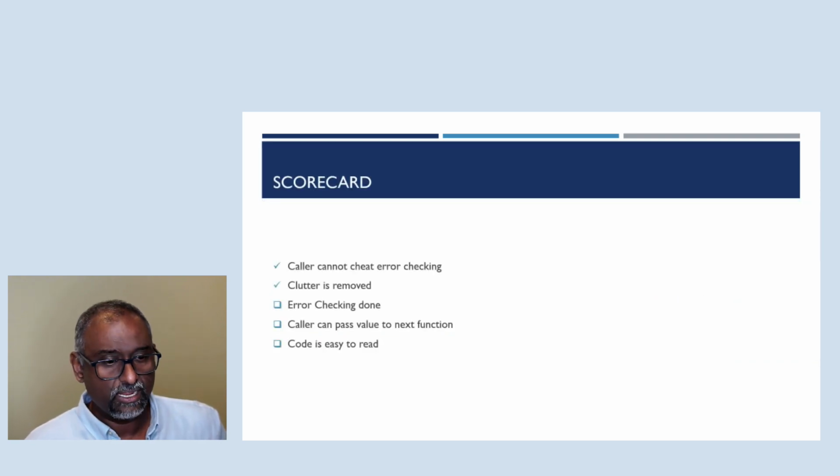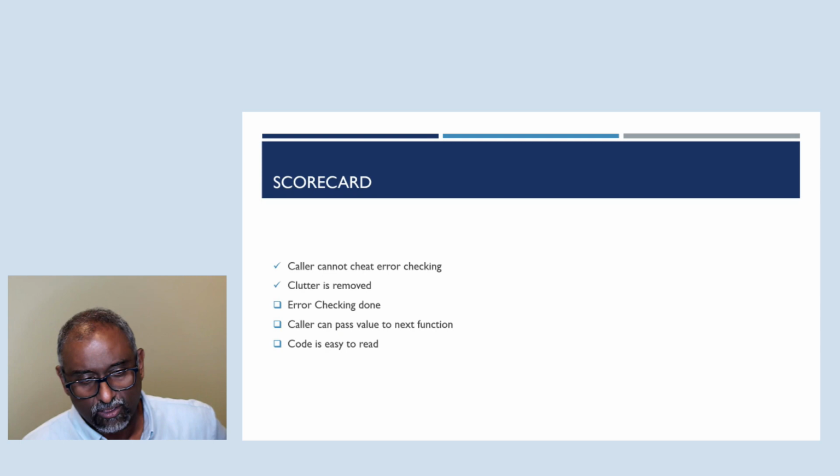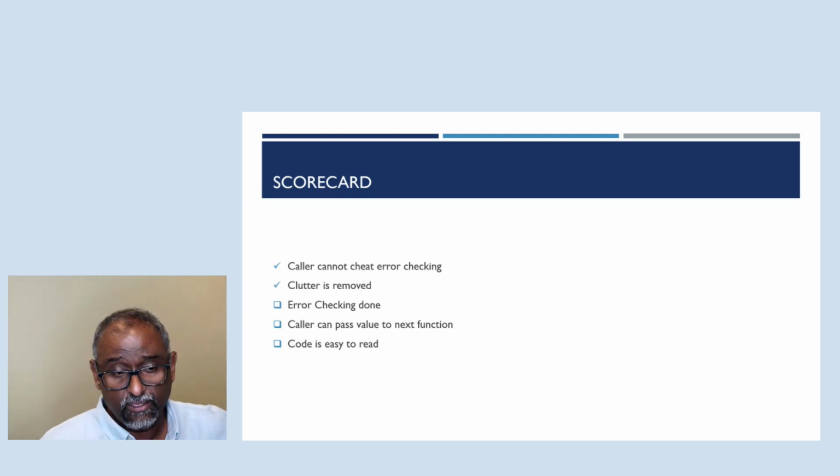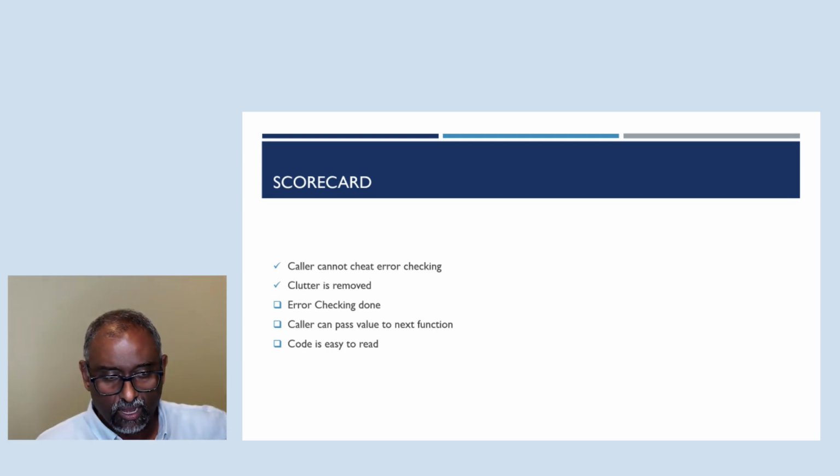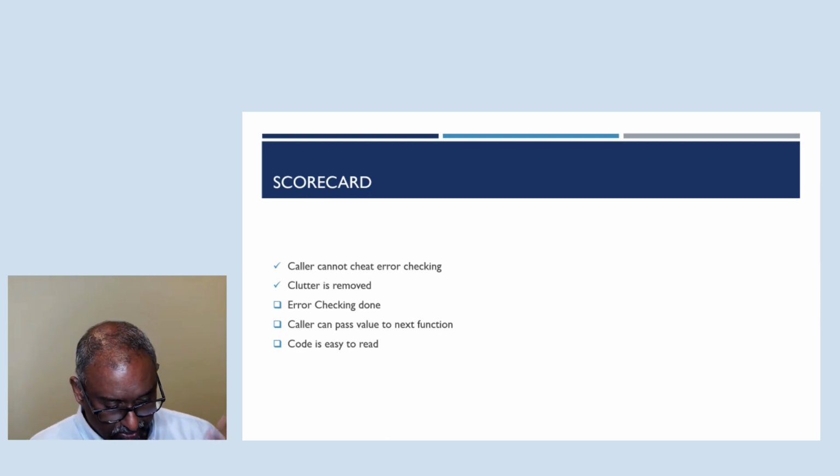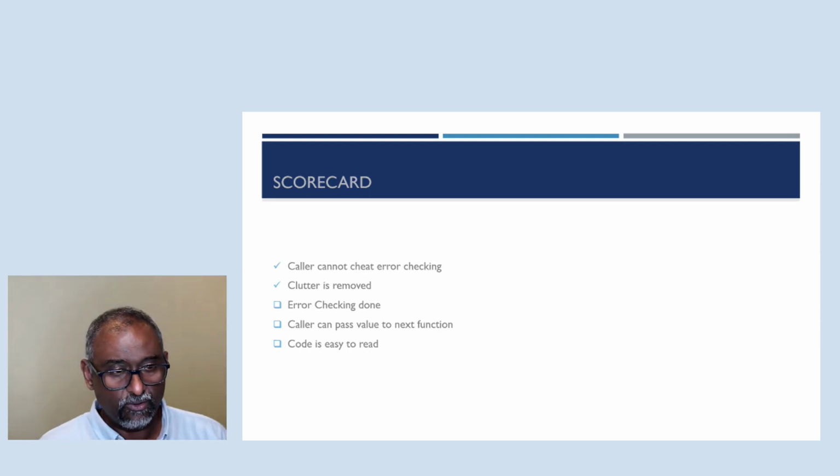So let's take a look at what we've done. We've made it so that the caller can't cheat the error checker, and we've removed a fair bit of clutter. But obviously, we've left the code completely broken. Nothing's actually happening at this point. We can't even call the next function because the next function doesn't know what to do with this wrapped type. So let's move on and see what we can do next.